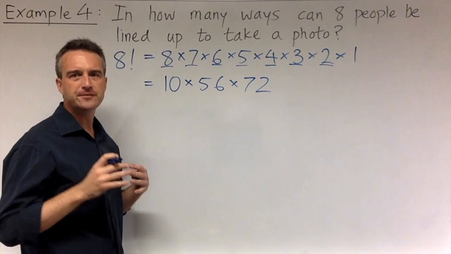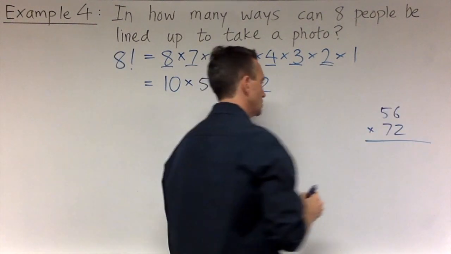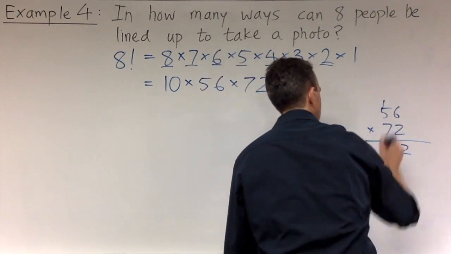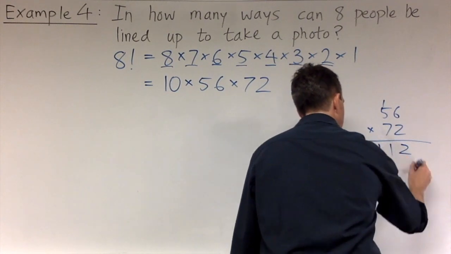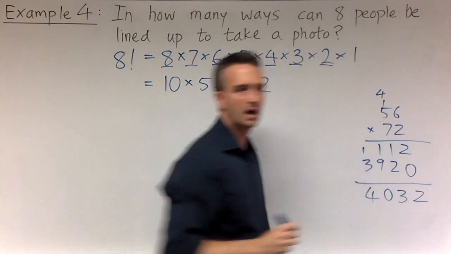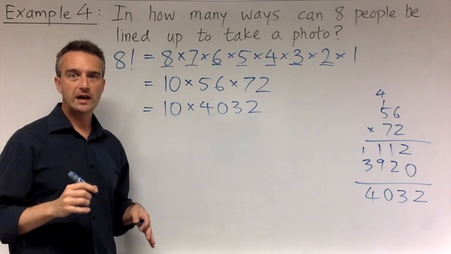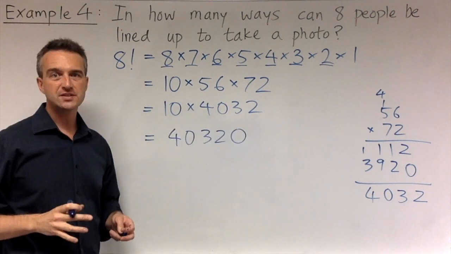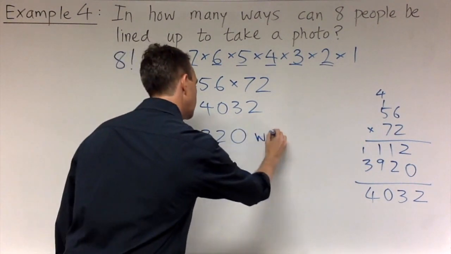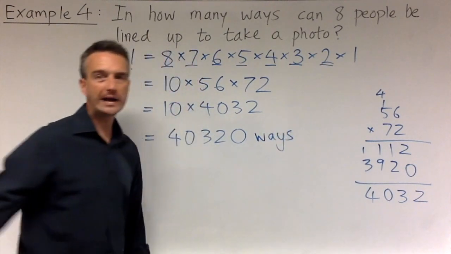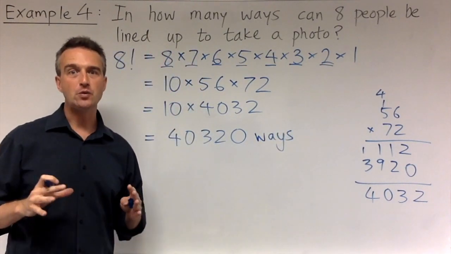Okay, so I've just got to do 56 times 72. I got it. 4,032, right? That's right. See, it wasn't so bad, was it? Okay, so 10 times 4,032 is 40,320 ways to arrange 8 people in a row to take a photo.